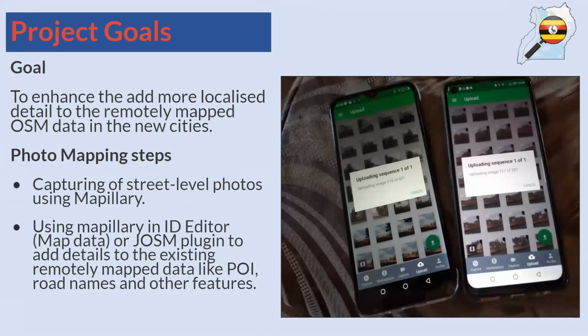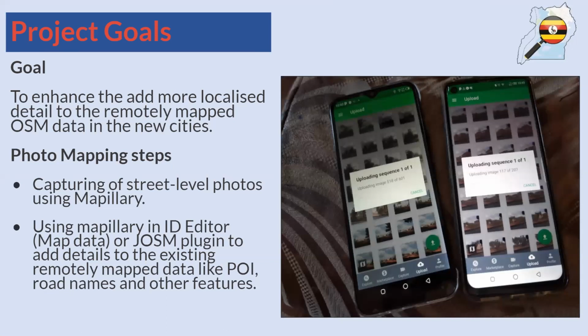So about the goal of our photo mapping project, its main goal is to enhance and add more localized detailed data to the remotely mapped OpenStreetMap data that we created when we were remotely mapping our new cities in Uganda. And this project is being carried out in 2 steps.